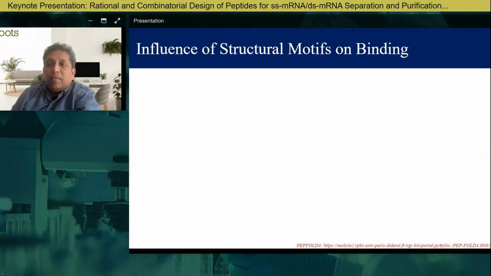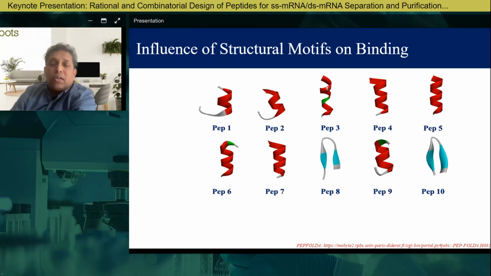And we wanted to see if the combinatorial library screening also gave us peptides that had a propensity towards these alpha helical structures. I'm showing you the structures of the top 10 peptides that we isolated from combinatorial screening. And you'll notice that 80% of those, 8 out of 10, have some to complete alpha helical structure. There are 2 beta sheet peptides, or relatively unstructured peptides, I should say, that also look interesting.